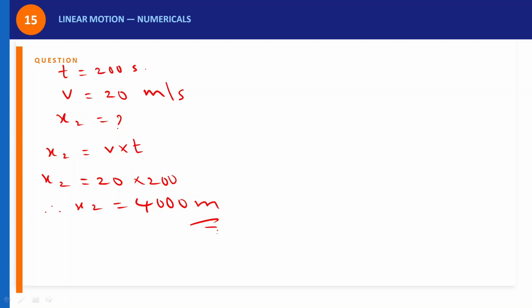Similarly, find x3. It is a retardation, so x3 equal to ut plus half at square. The time taken is 50 seconds.